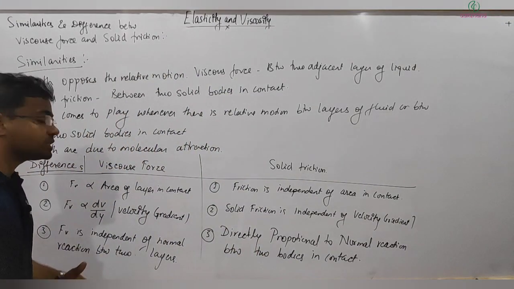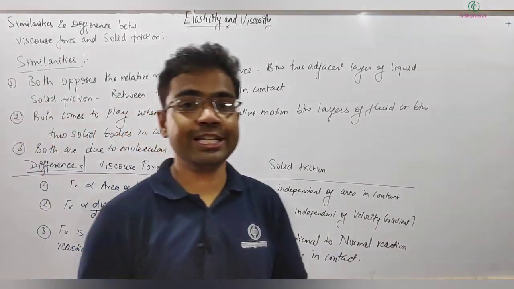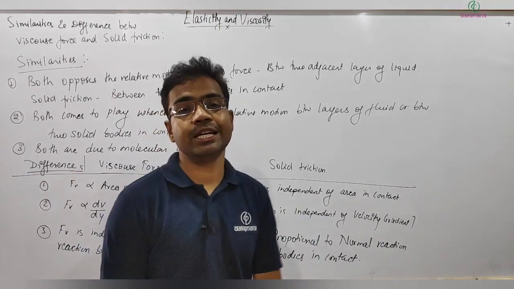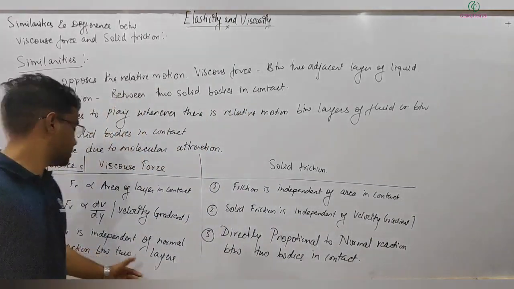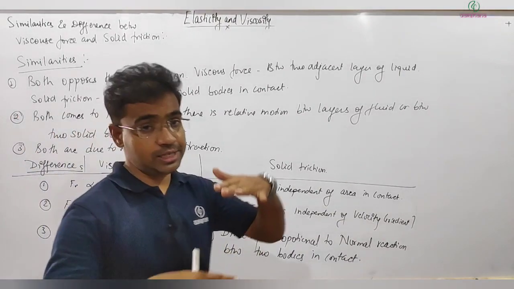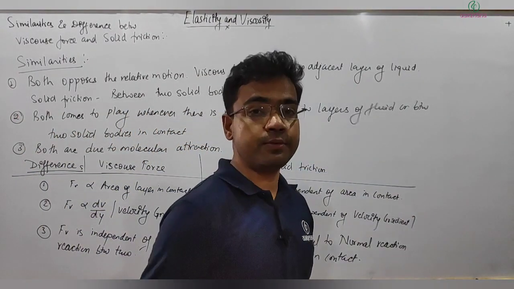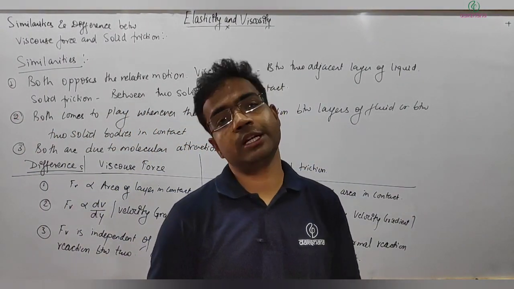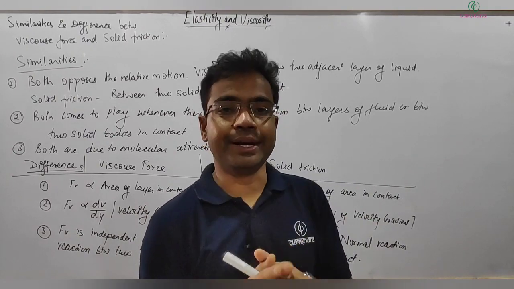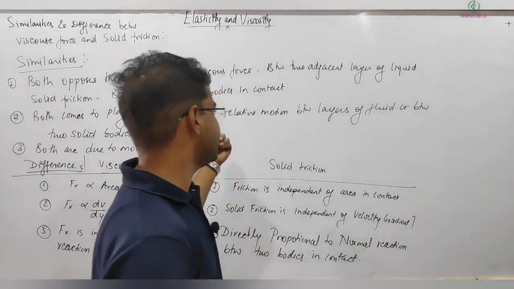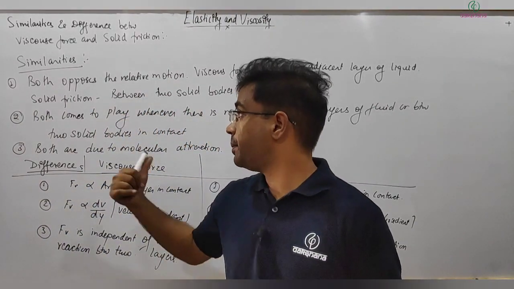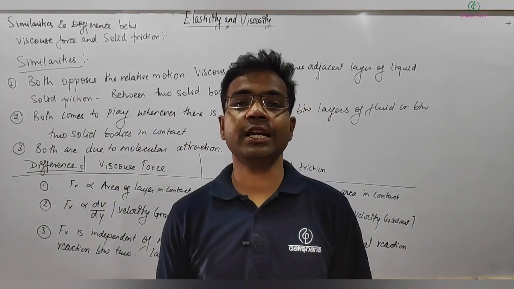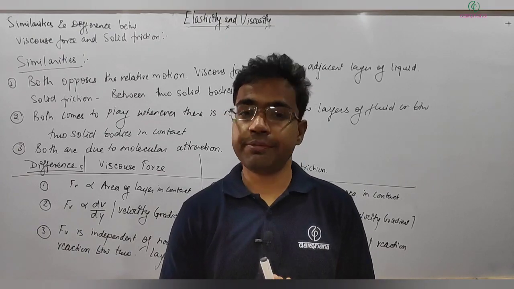Next, viscous force depends on the velocity gradient, but friction force is independent of velocity gradient. The third one is the normal reaction. Viscous force is independent of normal reaction between two layers, but friction force is directly proportional to the normal reaction between two solid contacting bodies. So these are a few points about similarity and difference between viscous force and solid friction.